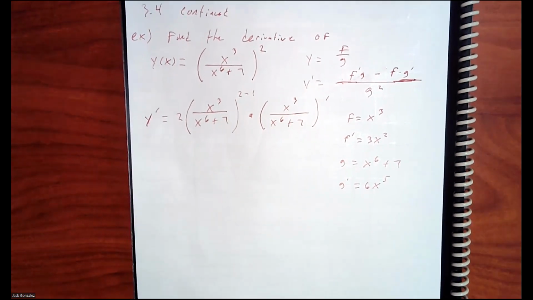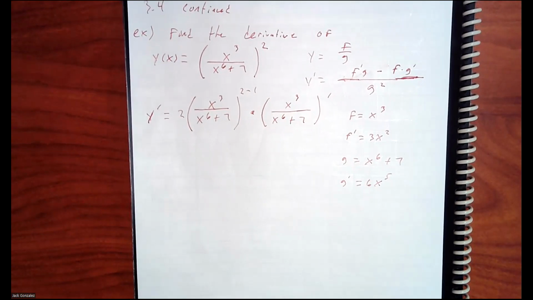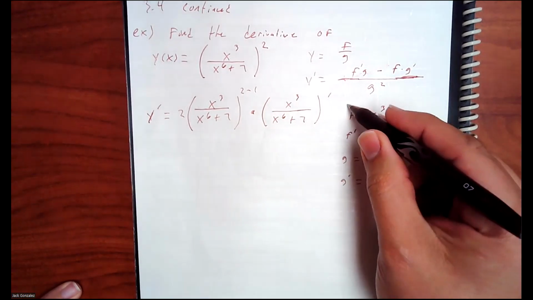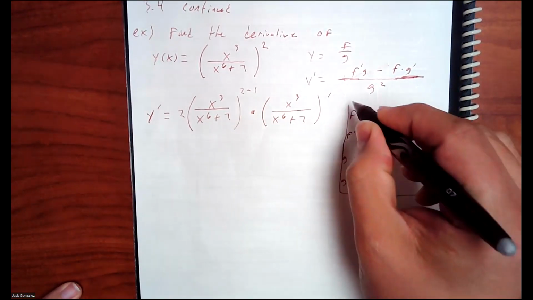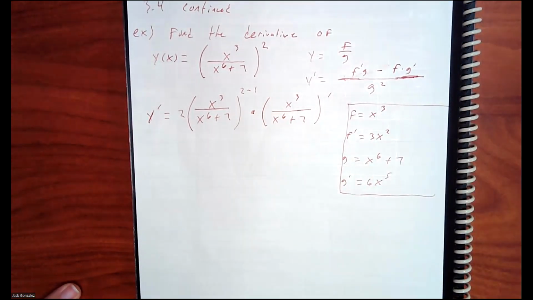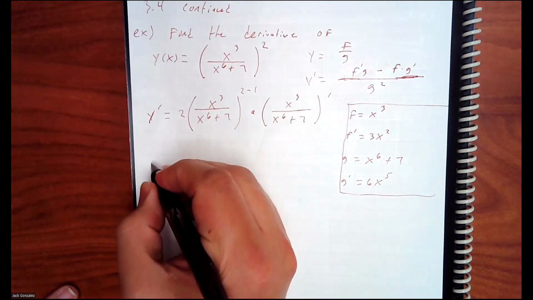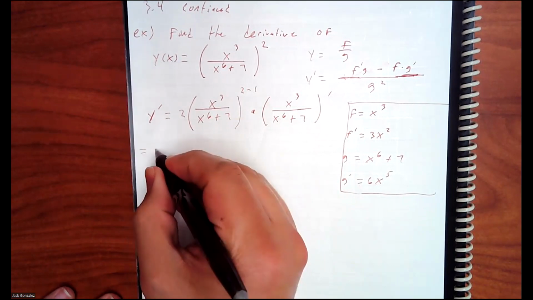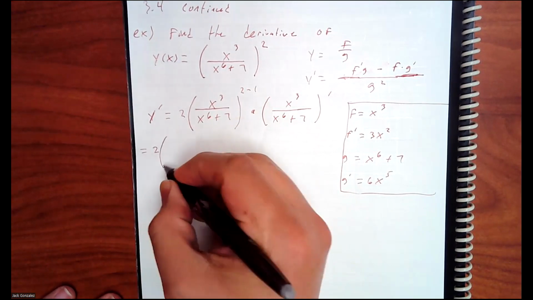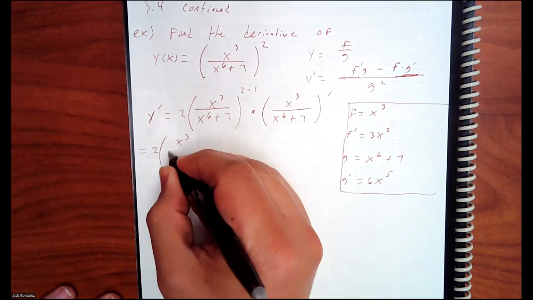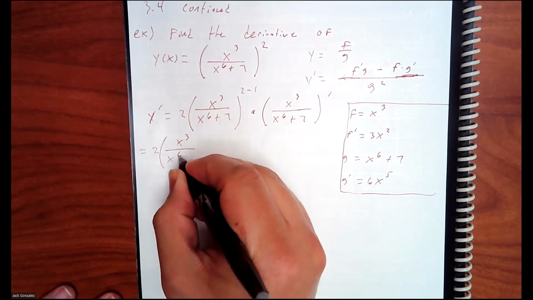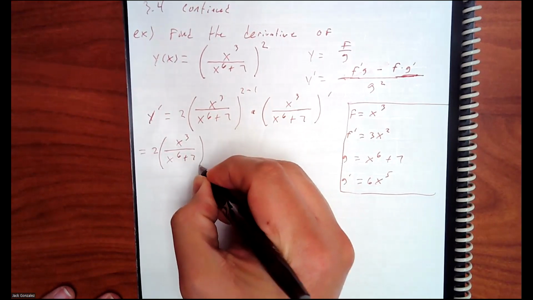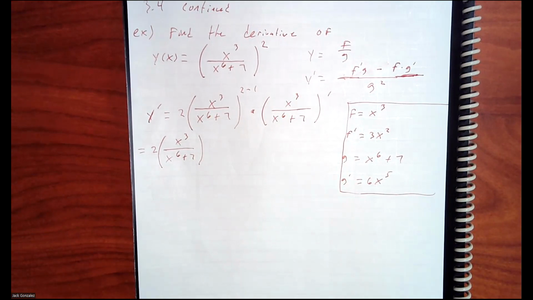It's implied. So this part I'm just gonna leave it alone. We're not gonna need it for a bit. So it's just a 2 times x cubed over x to the 6 plus 7 to the first, because we lost the power.